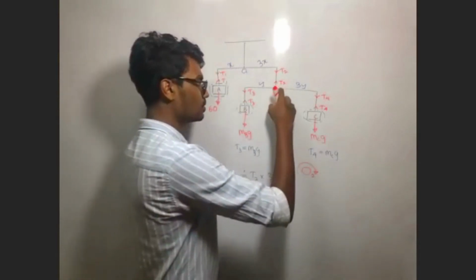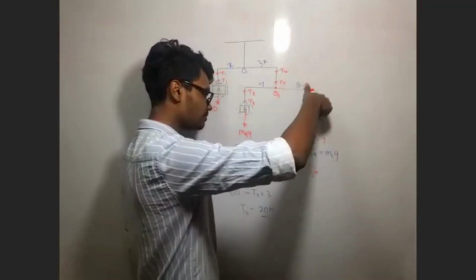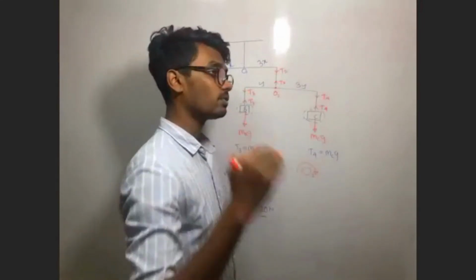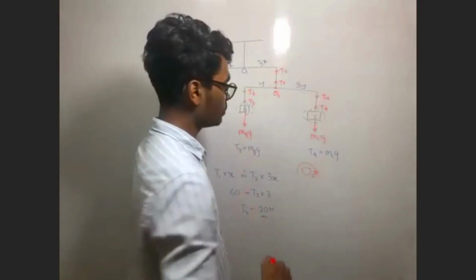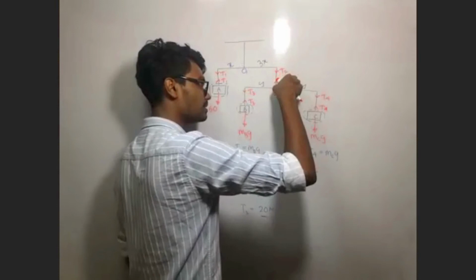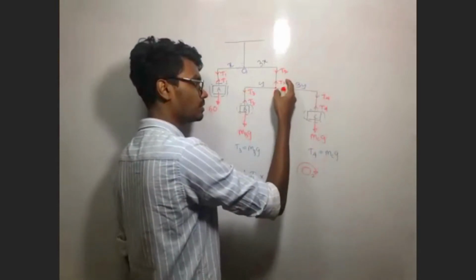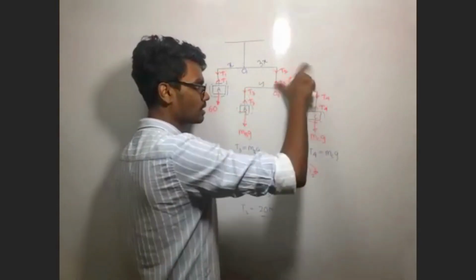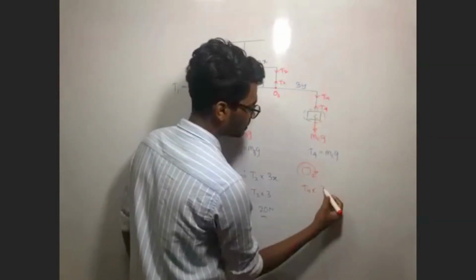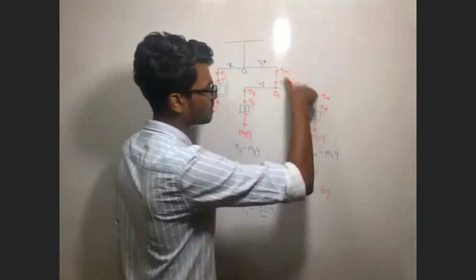Around the O2 joint, also the clockwise moment should be equal to the anti-clockwise moment, because the O2 point is also in equilibrium, right? So what is the clockwise moment? If you apply around O2, T2 is not going to come into the equation. T4 into 3y, so this is the clockwise moment.